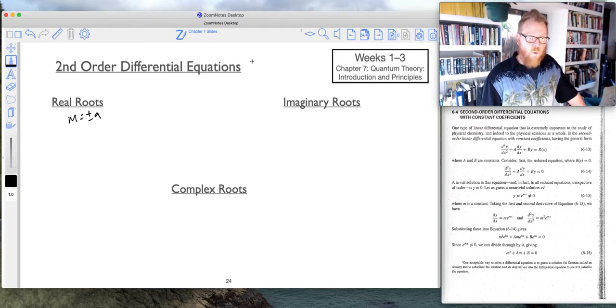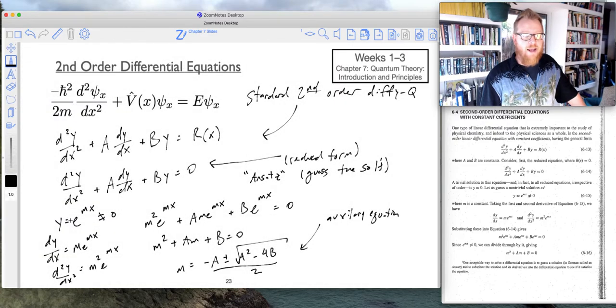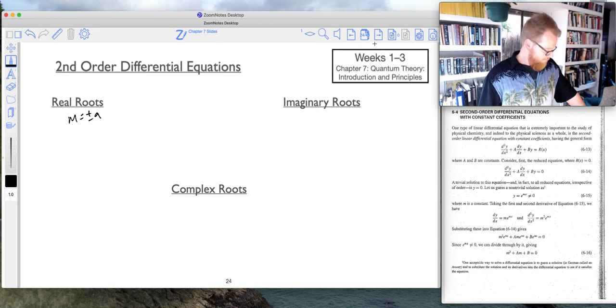Remember, we guessed y equals e to the mx as a possibility. So now this means my y1 solution is e to the ax, and my y2 solution is e to the negative ax.